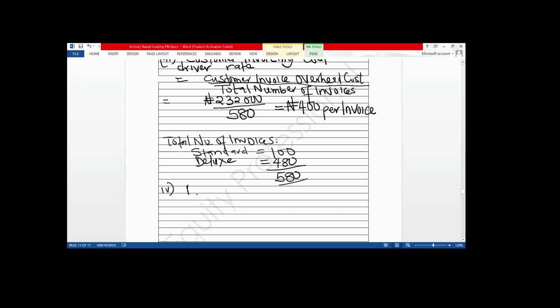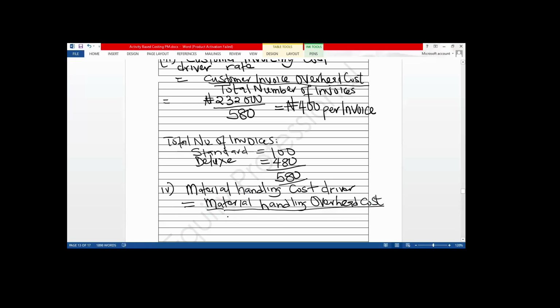We have material handling. Material handling cost driver rate is equal to material handling overhead cost divided by, what is the cost driver here, please?